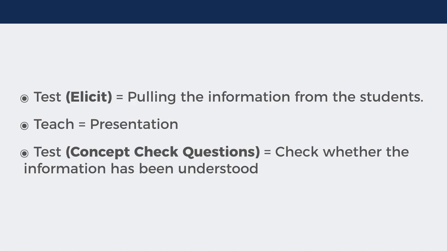Concept check questions are the point where you've taught red, now you go back to the pen or whatever object you have, and you say, okay, is this red? You're checking to see whether information has been understood. If they say, no, teacher, it's green, then you go, uh-oh, something's gone wrong.